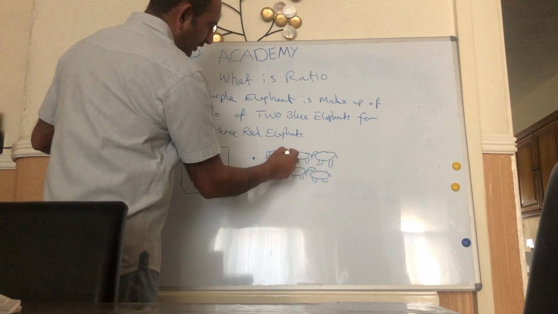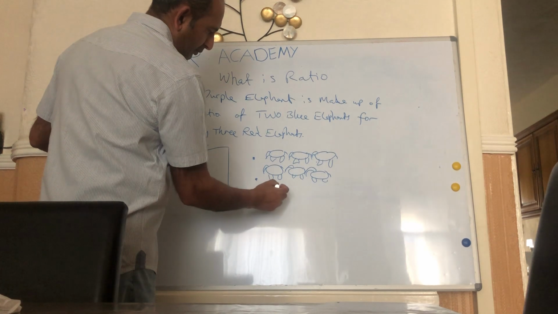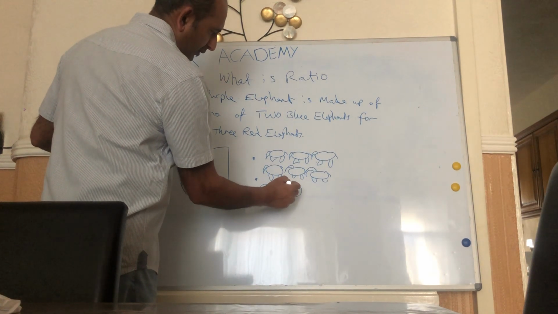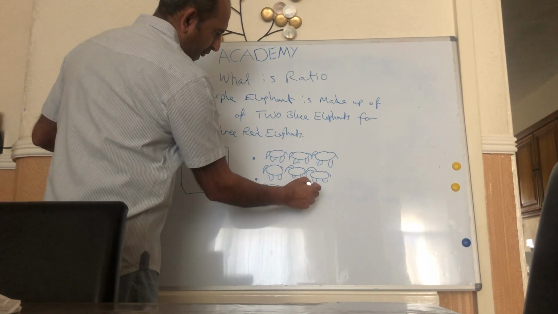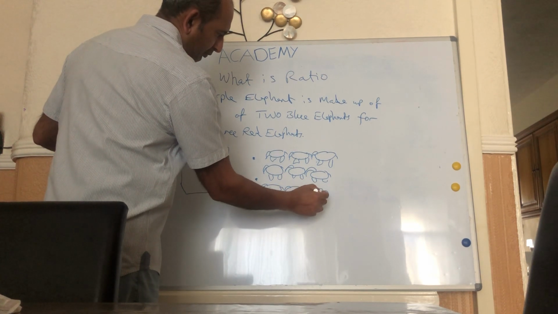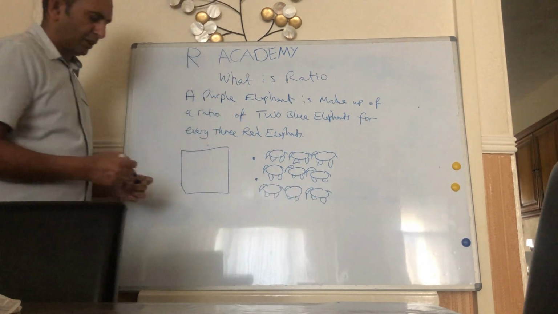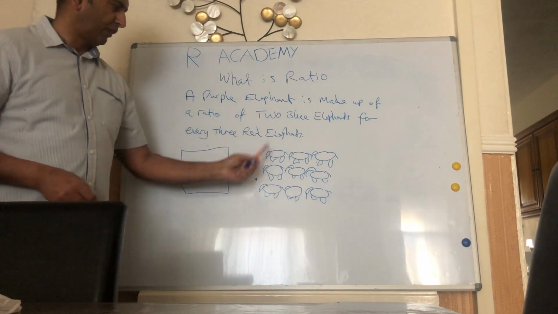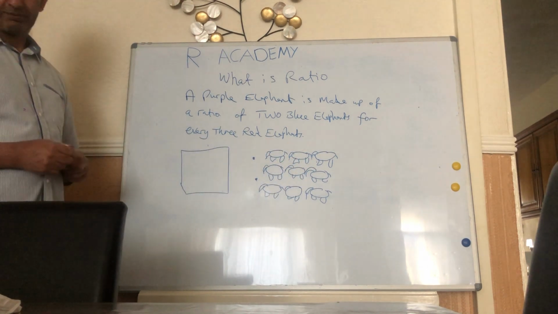Excuse the drawing, I'm not very good at drawing elephants. At least they don't look like ducks. There you go, at last. We have 1, 2, 3, 4, 5, 6, 7, 8, 9 elephants.